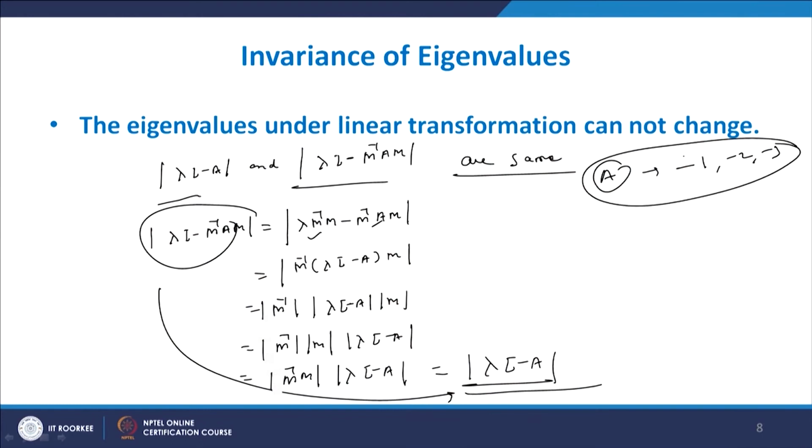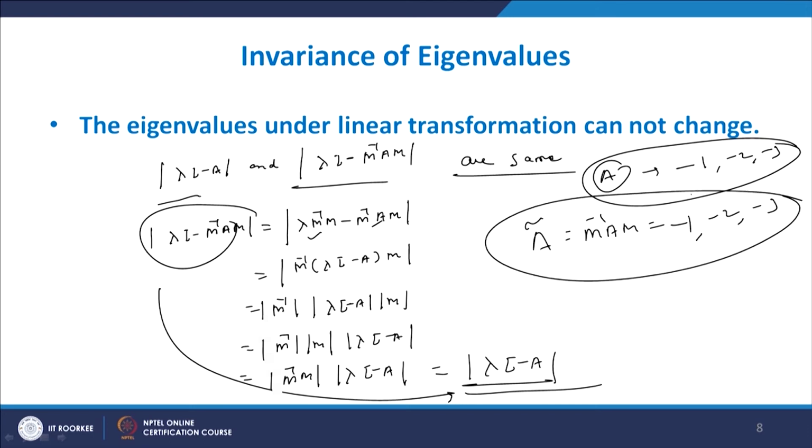If we solve an example with this A matrix, and take M inverse AM, that is A bar equals M inverse AM, we will get the same eigenvalues: minus 1, minus 2, minus 3. Now, if the original system has eigenvalues minus 1, minus 2, minus 3, then we have come to a different form. What advantage are we getting here, because the eigenvalues are the same?